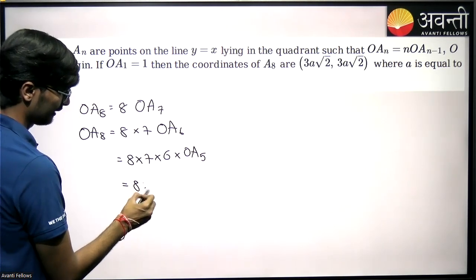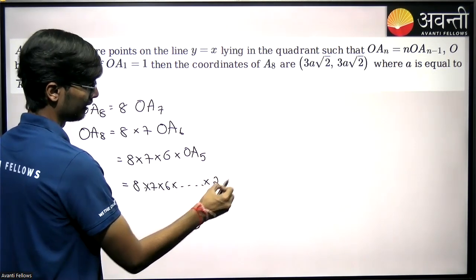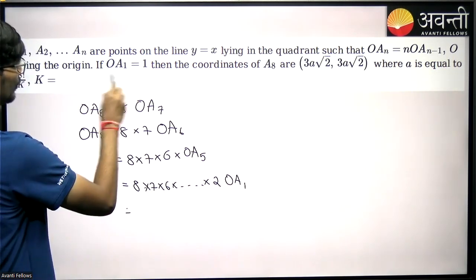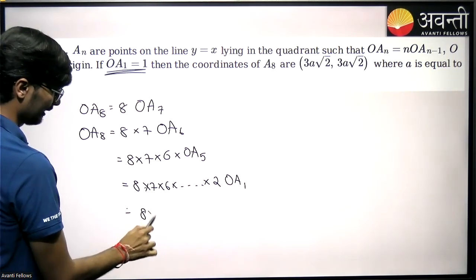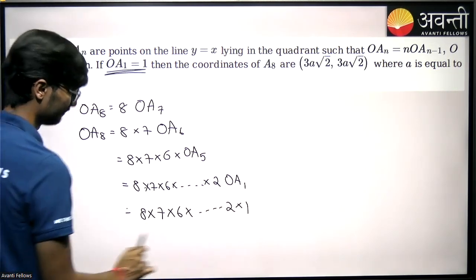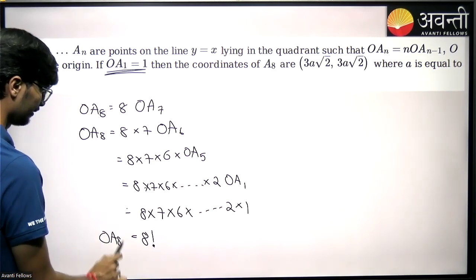You can continue this, 8 into 7 into 6 into 5, 4, 3, 2 into OA1. And what is the value of OA1? It is 1. So I got 8 into 7 into 6 down to 2 into 1. Basically, this is 8 factorial, OA8.